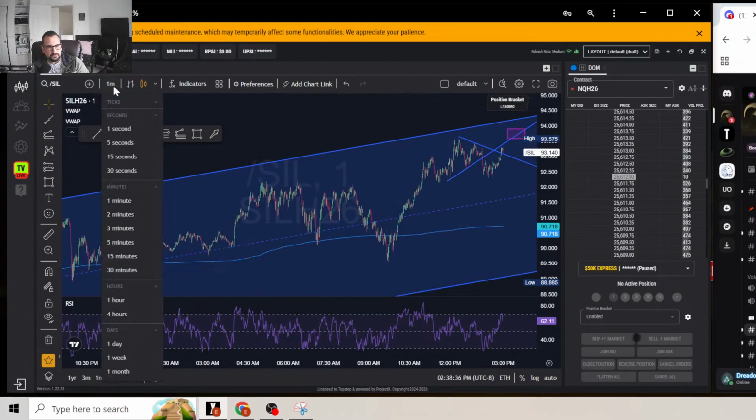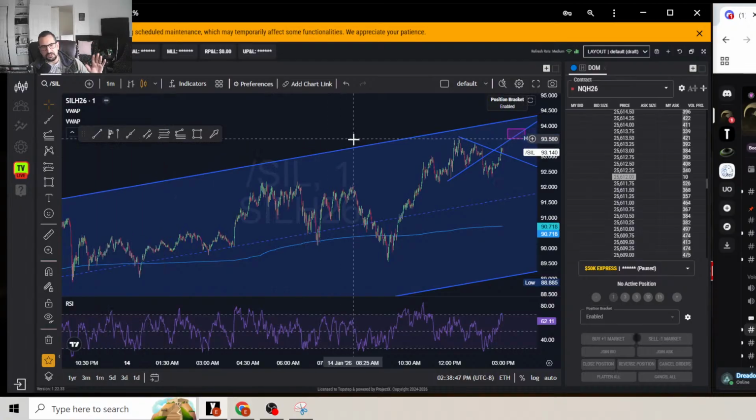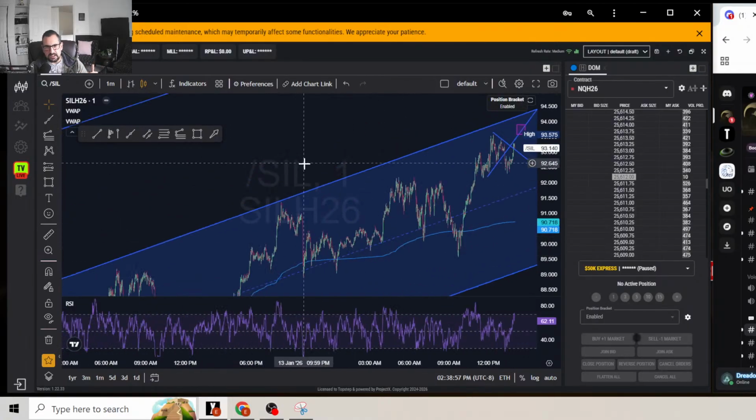So again, things that we're looking for. We're looking for supply and demand. Unfortunately, there's no supply and demand to the upside on silver, so it's hard to identify that other than highs and lows that were created through a structure being created. The next thing is we want to look for fib levels. Where are extensions at? Where did we hold?